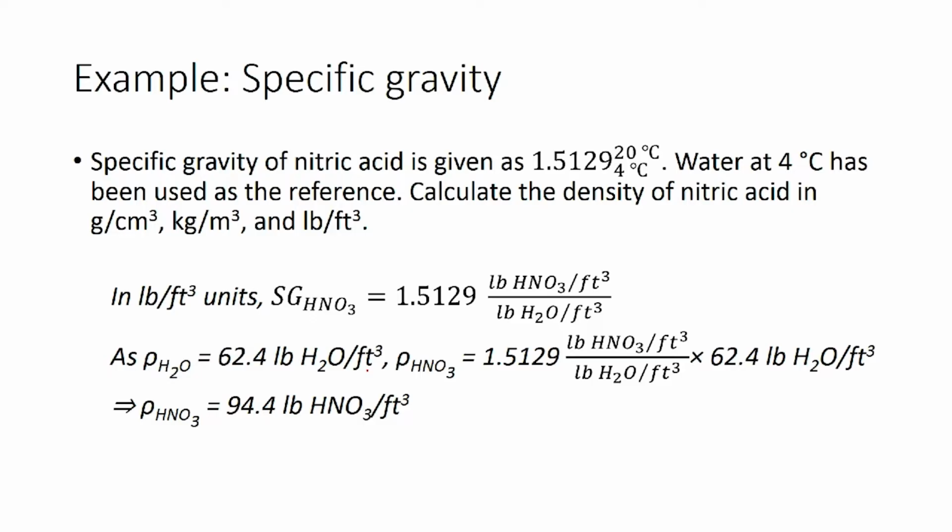The units of pounds of water per feet cube cancel off to finally give you the units of pounds of nitric acid per feet cube, which would be the units for the density of nitric acid. As you saw, based on the units which we have used for the specific gravity, we use the appropriate densities for water to multiply, thereby getting the density for nitric acid in the different units.